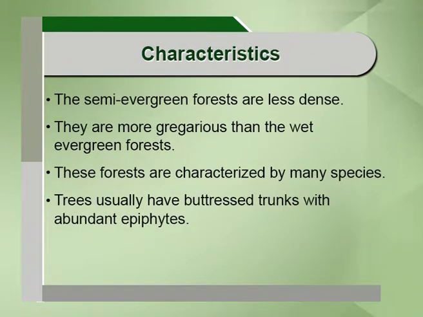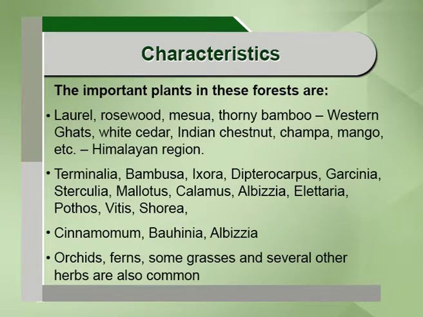Here again they are characterized by many species, they are less dense and they have buttressed trunks which have abundant epiphytes. Some of the plants are rosewood, thorny bamboo, the Terminalia, the Bambusa and the Ixora species, cinnamon, and the orchids and ferns and several other herbs are also common in these forests.